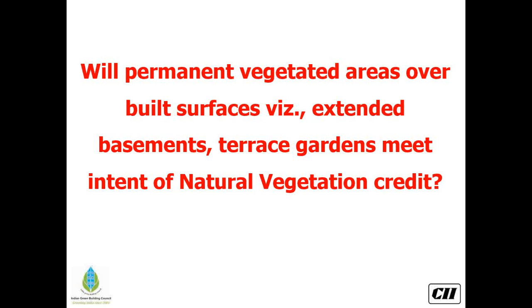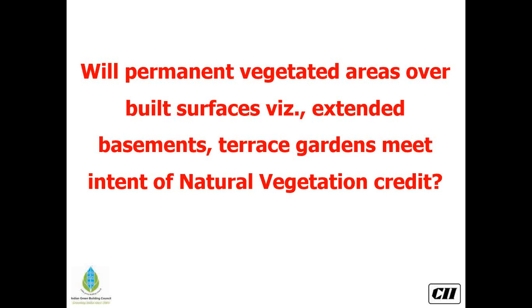Here the intent is to minimize disturbance to the site to reduce long-term environmental impacts. So the much broader goal of this credit is not to disturb the earth in the first place, so that the natural ecosystem is retained in its pristine form. This is the overall objective of this particular credit.